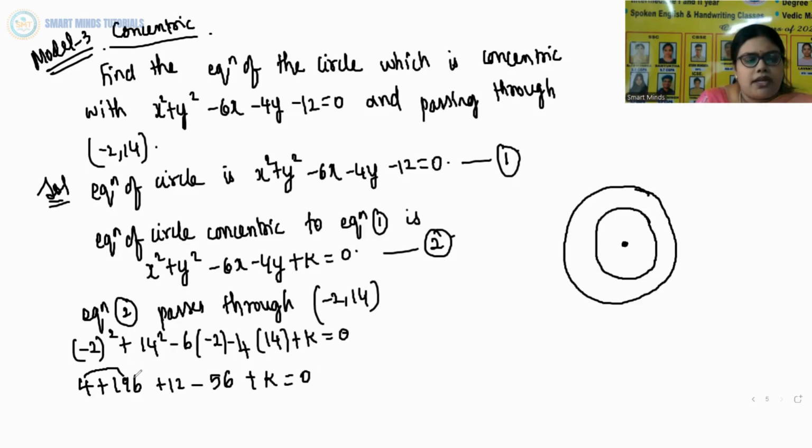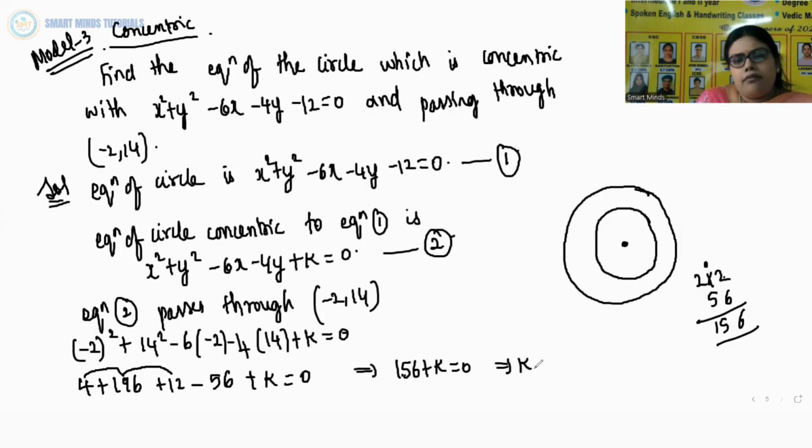4 plus 196 is 200. 200 plus 12 is 212. Now what is 212 minus 56? 156. So you get 156 plus k is equal to 0.